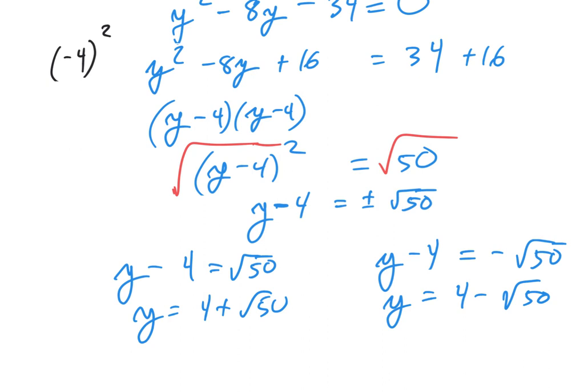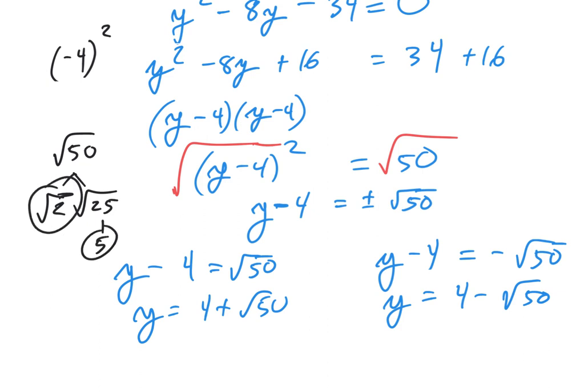And I'm going to think, are there two numbers, one of which I know the square root of, that goes into 50? 25. I'm picking 25 because I know the square root of 25, and 25 goes into 50. The square root of 25 is 5, and 2 is prime.